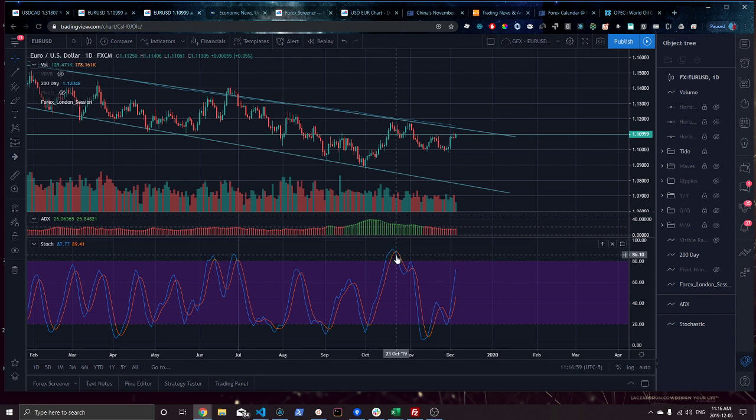There's a clean crossover with the K over the D, right? It's very clean. Look at the slope of the curves, and the slope is the angle.